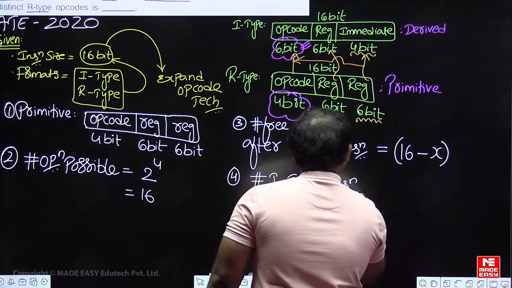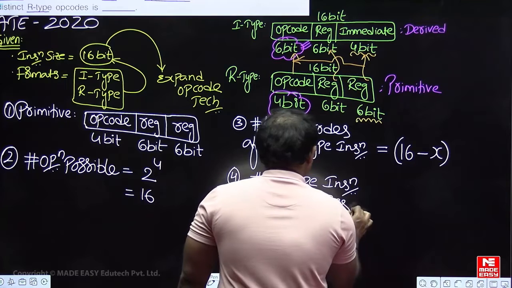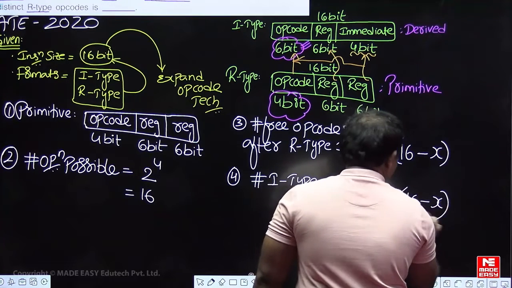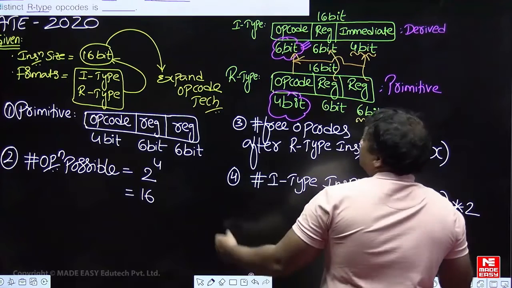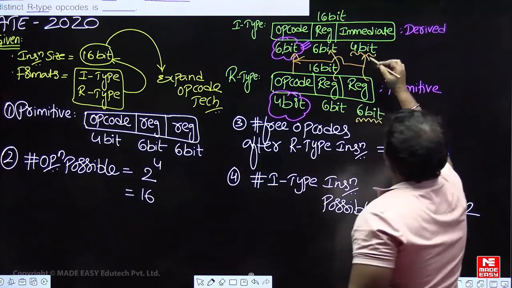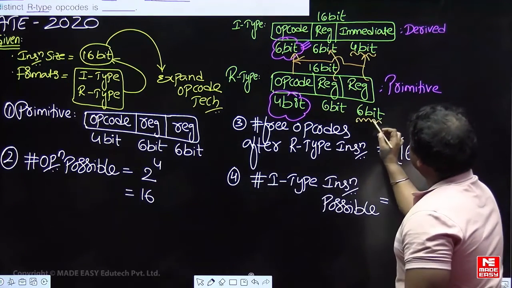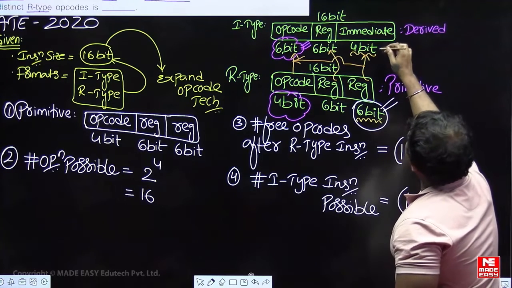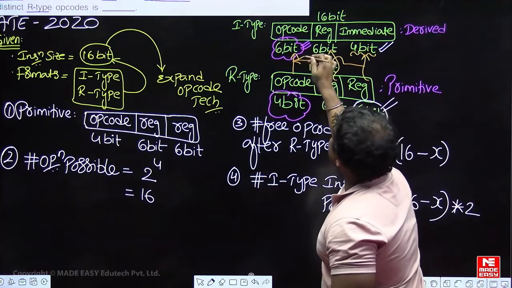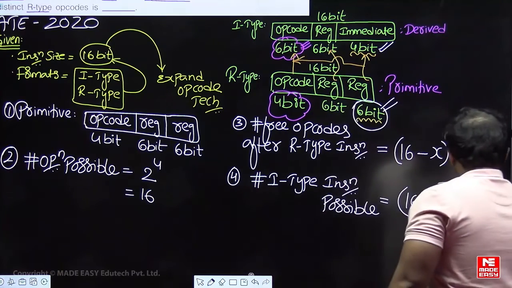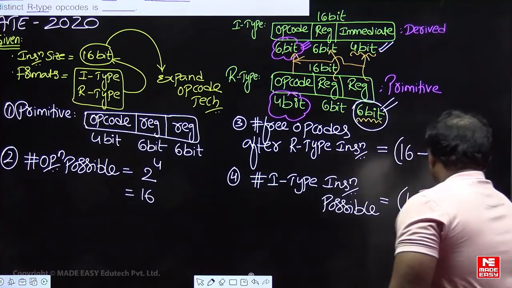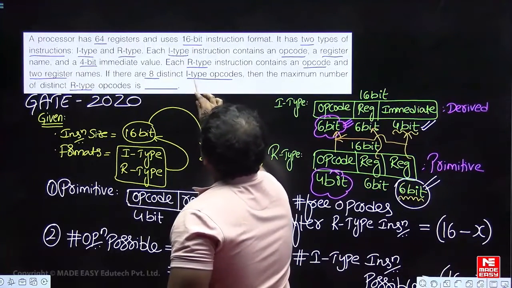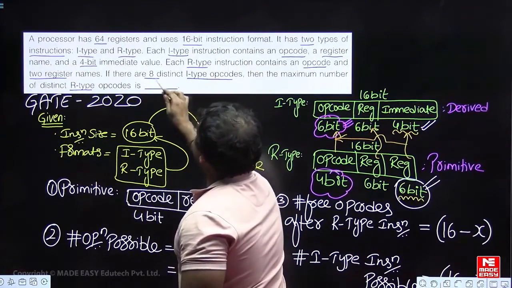Next, fourth point: the number of I-type instructions possible is equal to free opcodes times 2 to the power of the number of address bits merging. 2 address bits are merging. Clear? The register address is 6 bits. From the 6 bits, 4 bits are used for immediate. The remaining 2 bits merge with the opcode. So 2 power 2. In the question, the number of I-type opcodes is already given: 8 I-type opcodes.